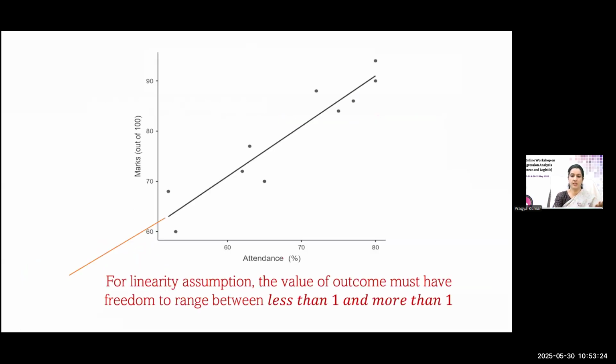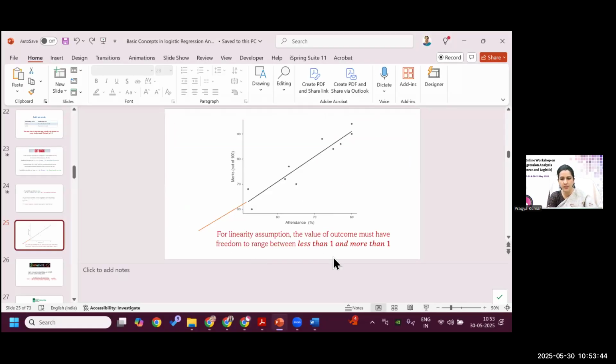So for the linear assumption to hold, the outcome should have a freedom of range. It should go more than 1 also, and it should go less than 0 also. So the outcome variable, we call it a floor and ceiling effect.